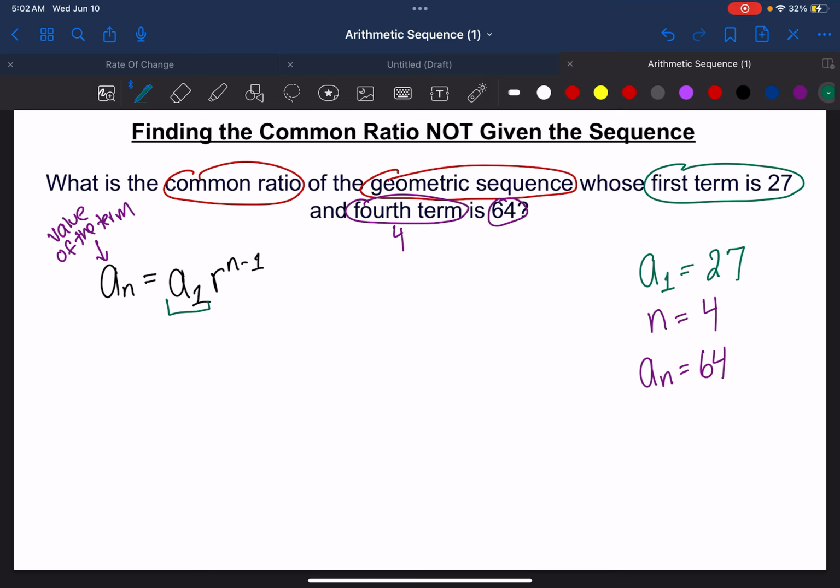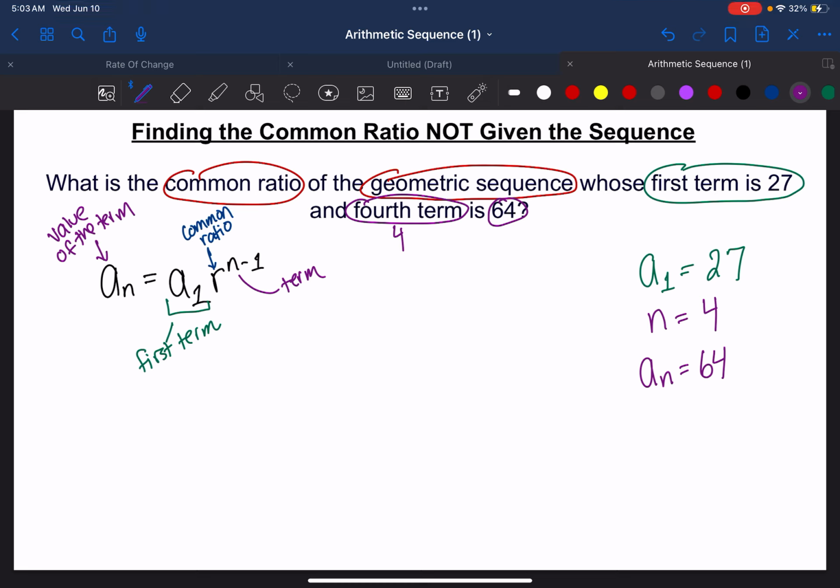A sub 1 is the first term. r is the common ratio. And n is the term. Just to summarize, you want to pause and take some notes on that. That's fine.